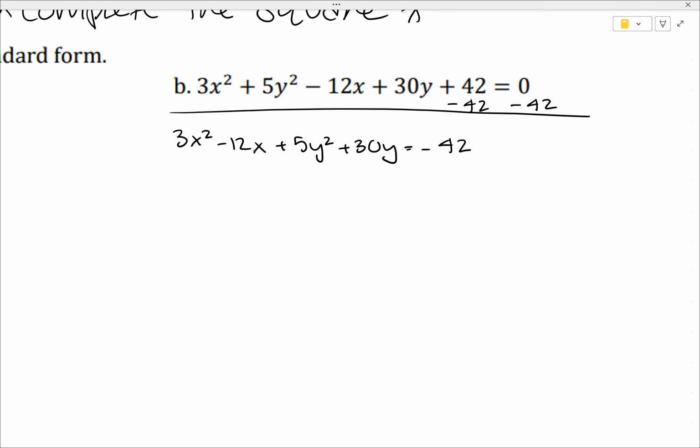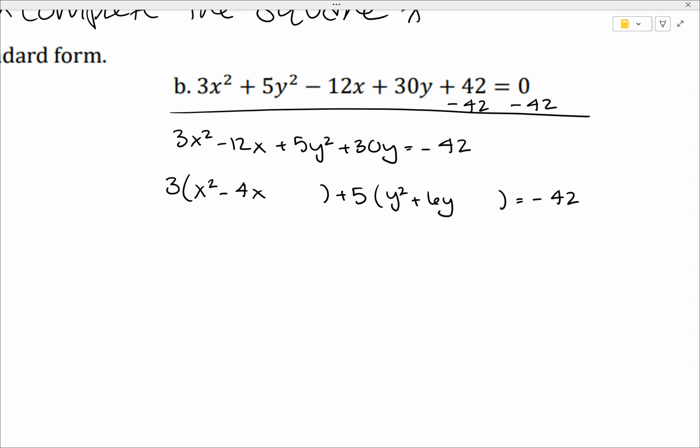So out of the x section, I'm going to take out a 3, and I'm left with x squared minus 4x, and then I'm going to leave a little space to complete the square inside there. For the y squared, we're going to factor out the 5. We're left with y squared plus 6y, and then leave a little space to complete the square inside there.